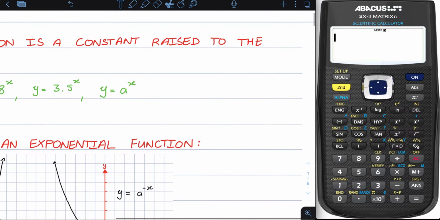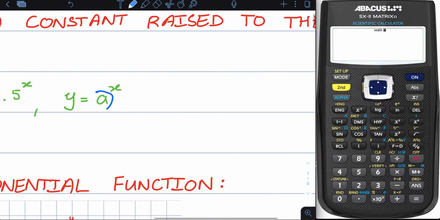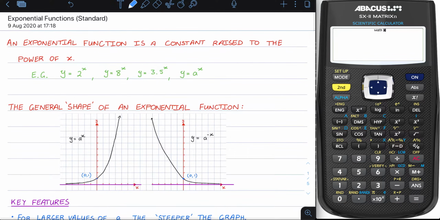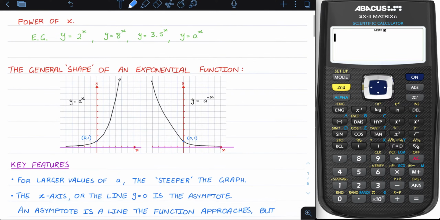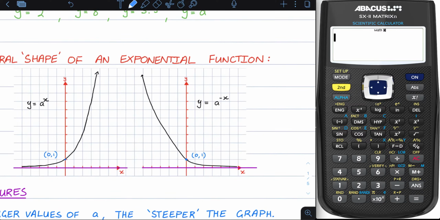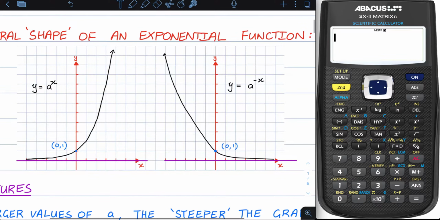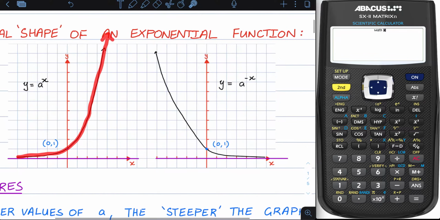So in general, it's just any number to the power of x. The general shape or the appearance of an exponential function are these two here. It's called an exponential function because as it moves along, it gets steeper and steeper very quickly.